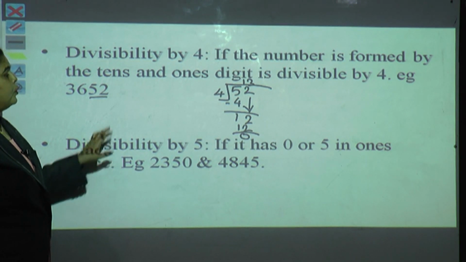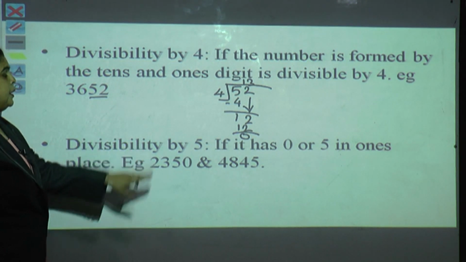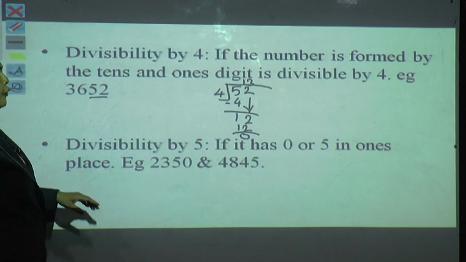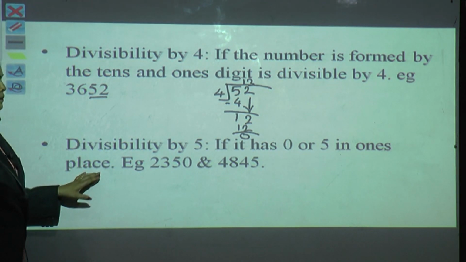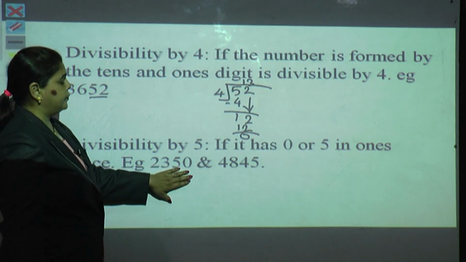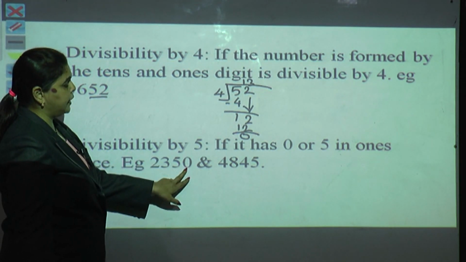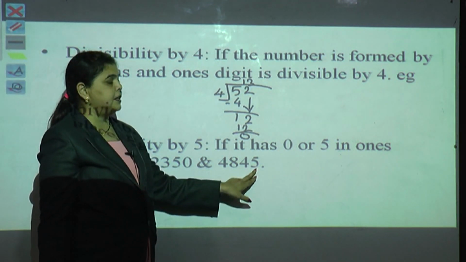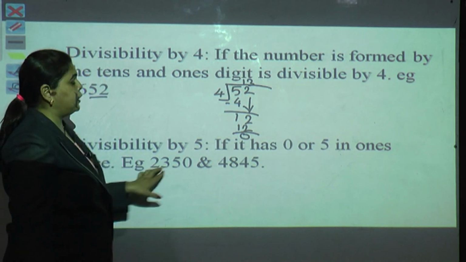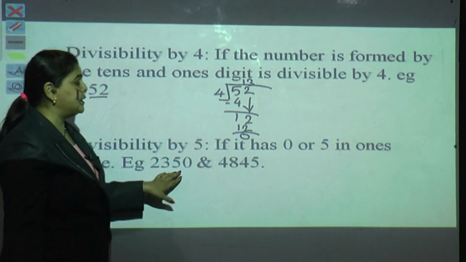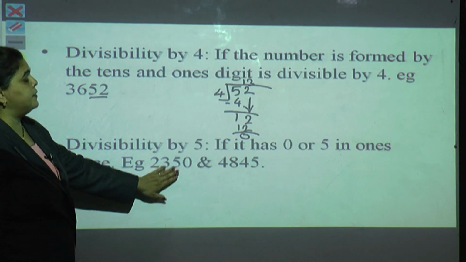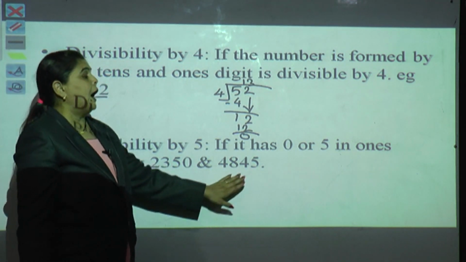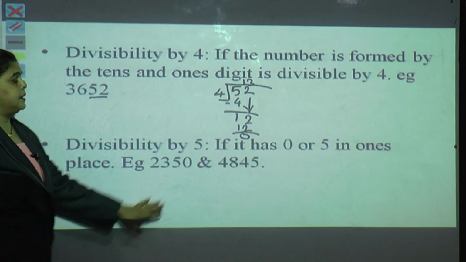You can find out the divisibility of 5 if it has a 0 or 5 in the ones place. Suppose a number is given, if in the ones place it is 0 or 5, then this number, even a large number of 4 digits, 5 digits, 8 digits, 12 digits, is divisible by 5, giving a remainder of 0.